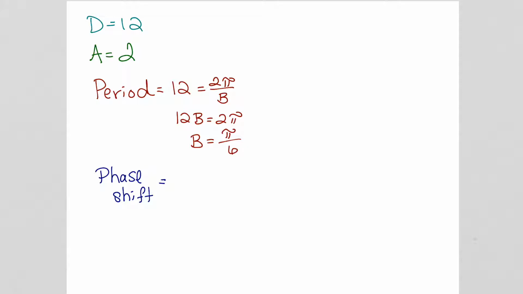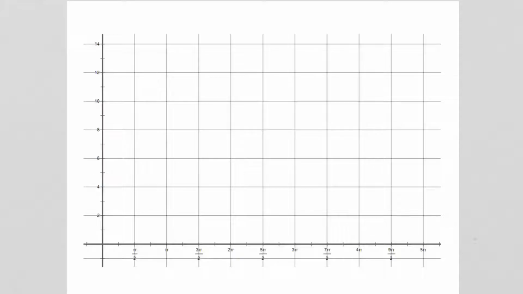Okay, because sine would normally start at 0, 0. We need to start in between. Let's look at the graph a little bit here. So we've got a minimum of 10 and a maximum of 14. We said our amplitude was 2, right? And we need to start the month where we're at 12 because it's going to oscillate above and below 12, right?